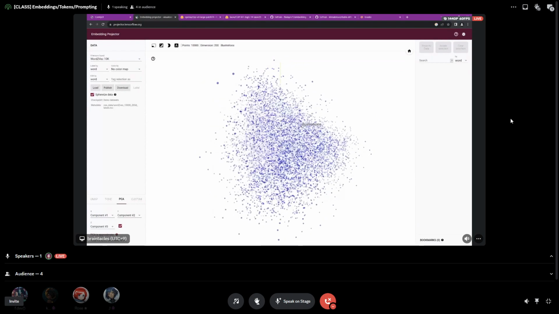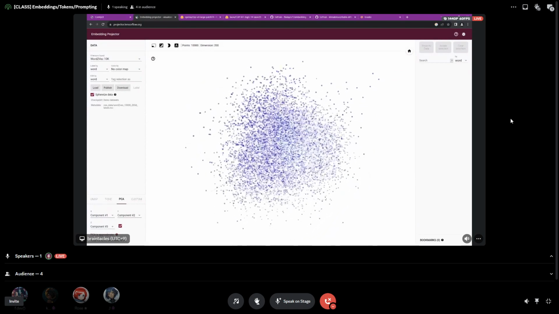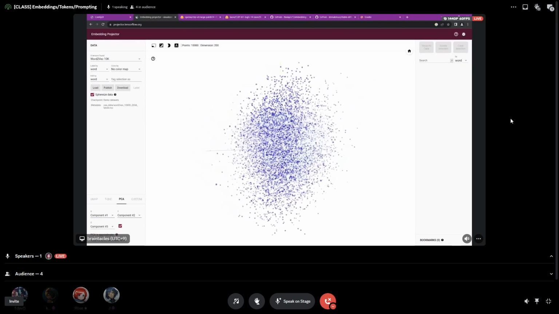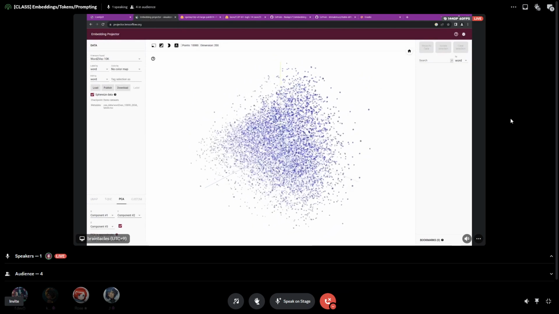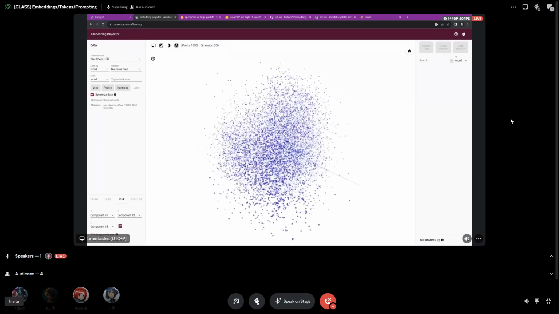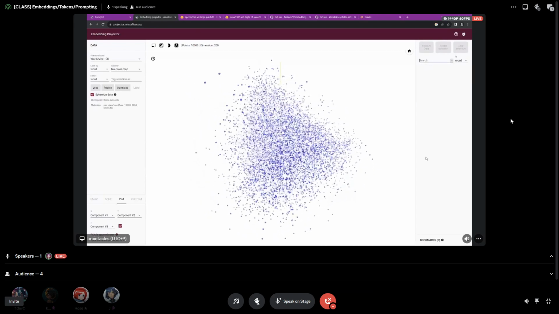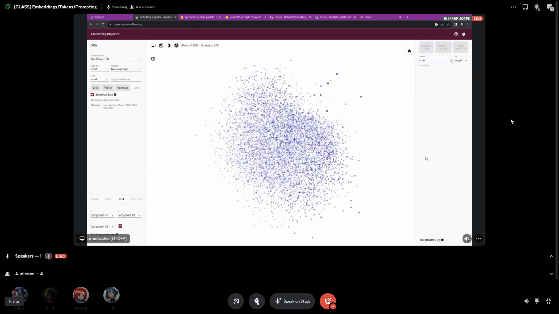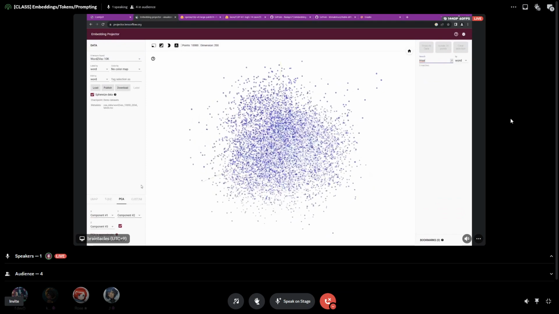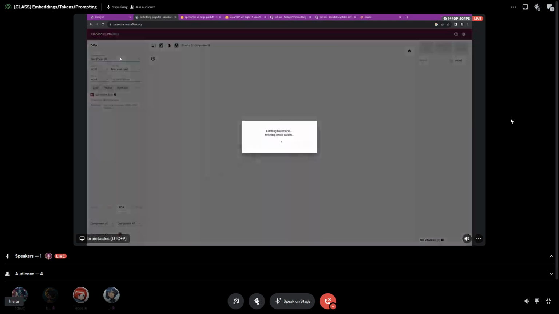Those are very hard to see on a chart like this. There's no way we can display 768 or 1280 dimensions on a chart like this. But it's just to give you an idea of how deep their representation is. So, I'm going to use a word that I like, which is IMAX. Oh, it doesn't load because I didn't load all the words. Let me load everything.